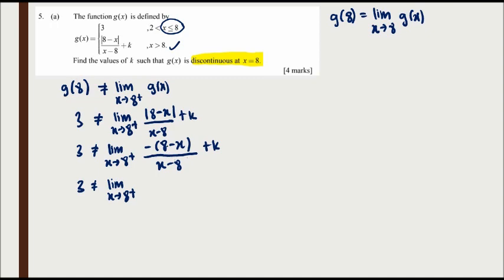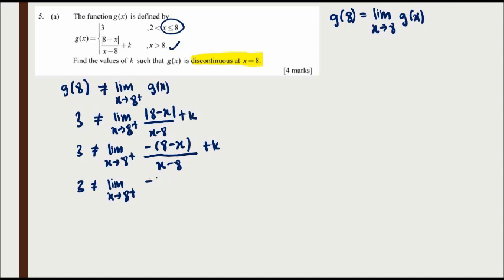We factor out negative from the absolute value function, and if we factor out negative again, negative of negative, that will be a positive actually.